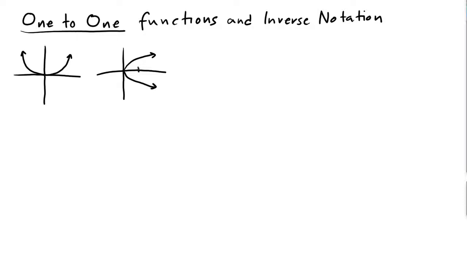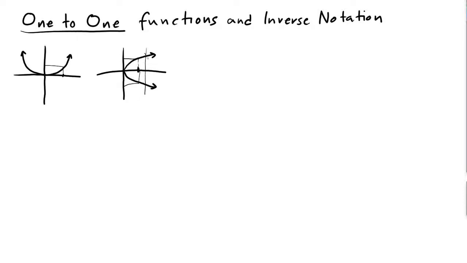And the way you tell is if you take an x and you can trace that x back to two different y values, you don't have a function. Anywhere I take an x here, it's only going to trace to one y value. So that's the idea of a function. You have this vertical line test.